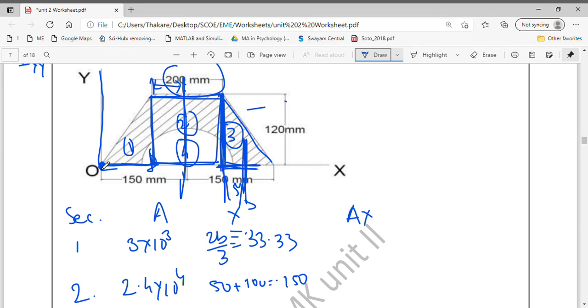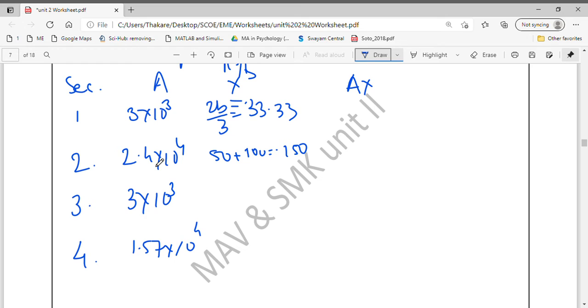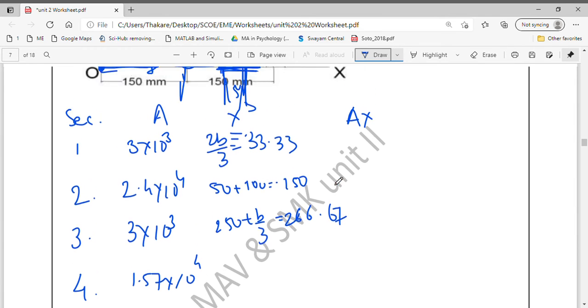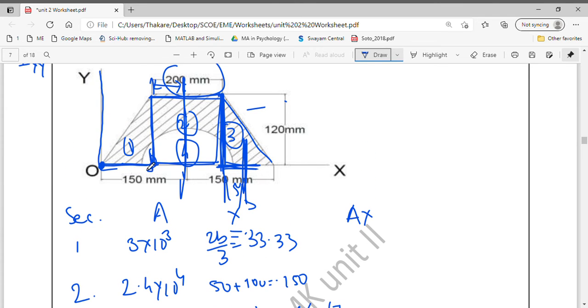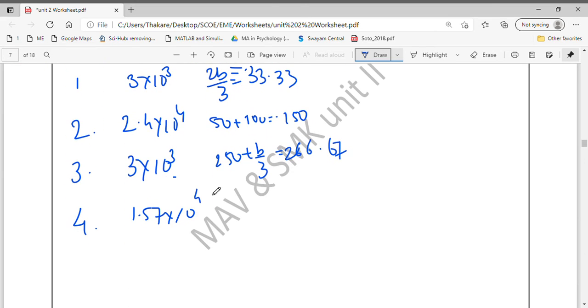This is 200 and this is 50, so it will be 250 plus b by 3, and it comes out as 266.67. And now for the semicircular area, for a semicircle it lies at the center. इसका center is at 100 and this triangle has a base of 50, so 100 plus 50 is 150.